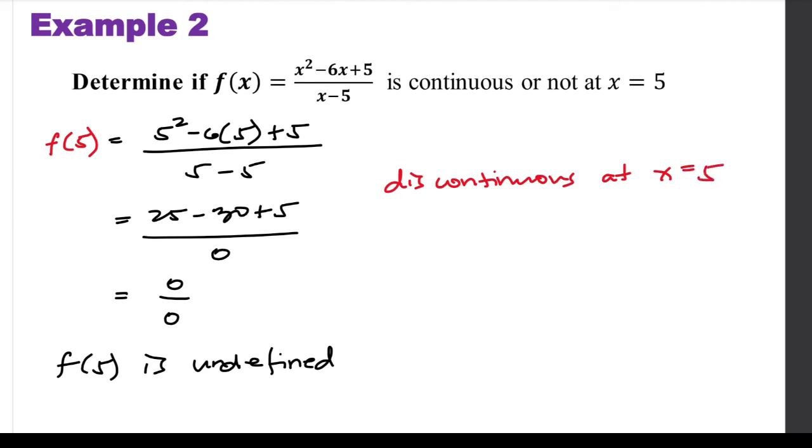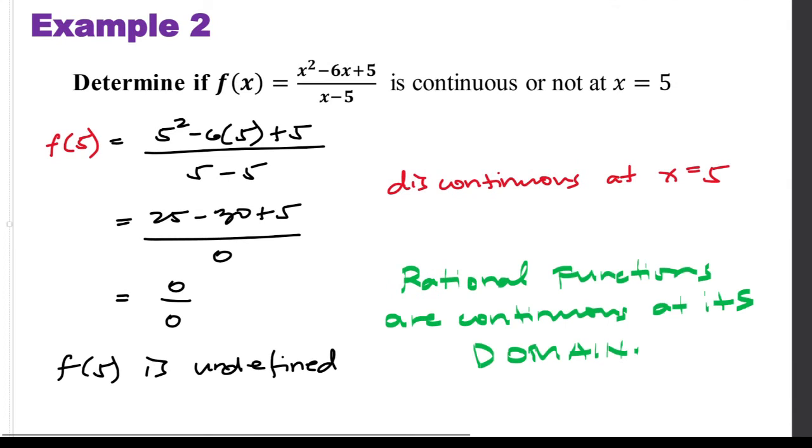Since the given function is a rational function, we have to take note that rational functions are continuous at their domain, meaning to say that the function is only continuous for some values of x, except for the values of x that would make our denominator 0.